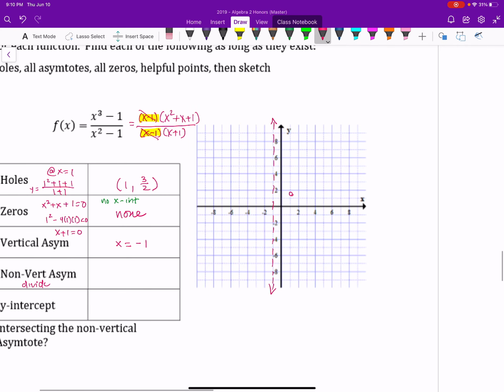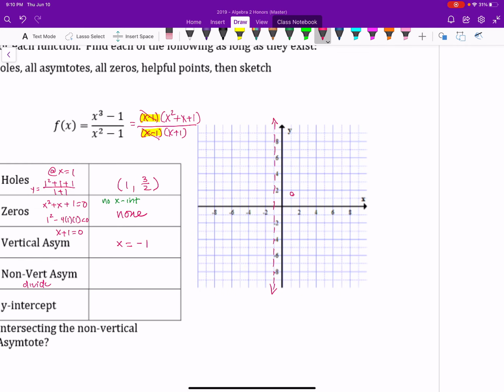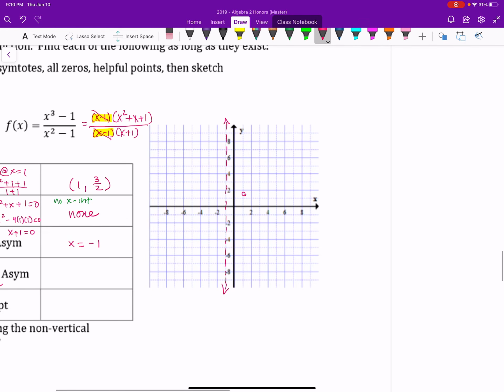And you can just use the reduced fraction. You don't have to do the original. So I can use synthetic division. I can use -1 because the denominator now is a binomial. 1, 1, 1. That's going to carry down a 1. -1 times 1 is -1. That's a 0. And then it's going to be 0 and 1.